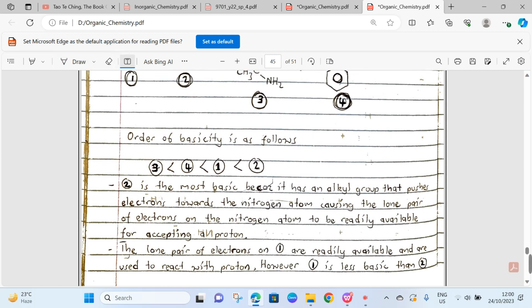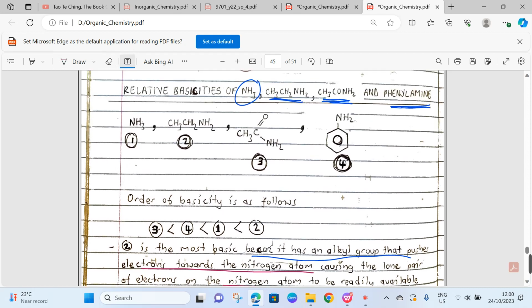Number 2 is the most basic because it has an alkyl group which pushes electrons towards the nitrogen atom, causing the lone pair of electrons on the nitrogen atom to be readily available for proton acceptance. Okay. Now, the second most basic of these four compounds is ammonia.